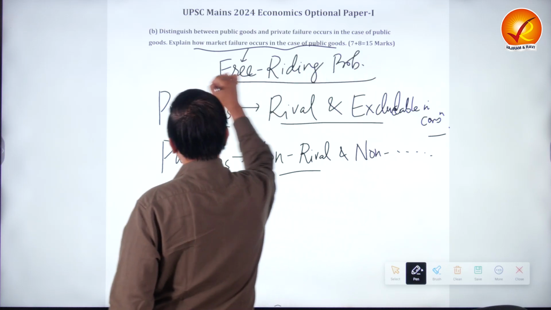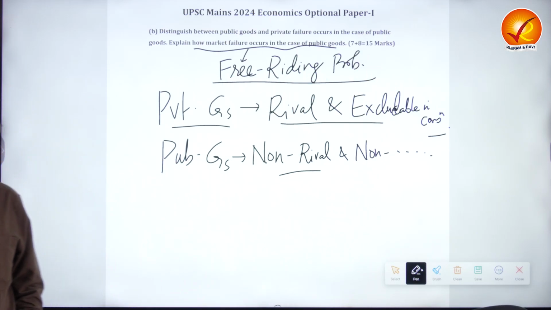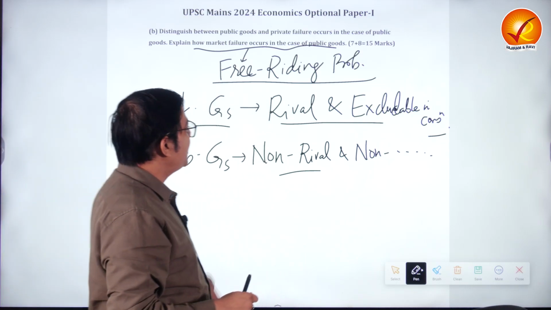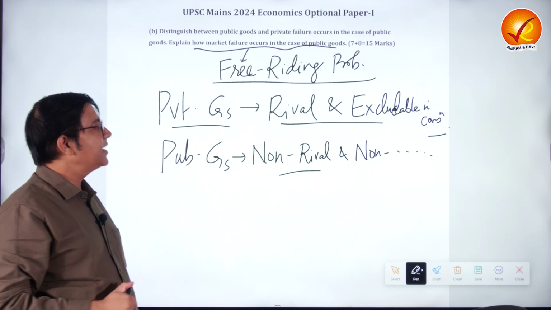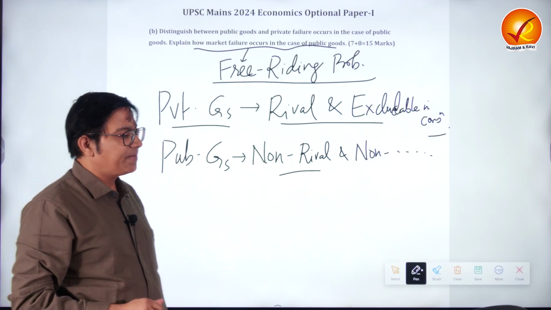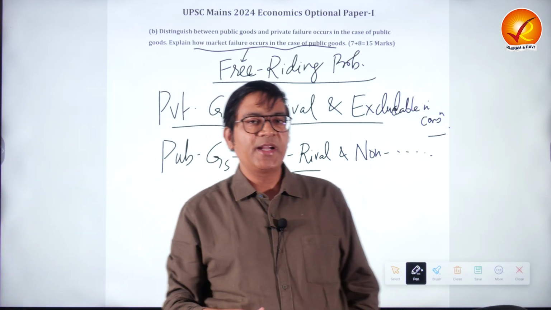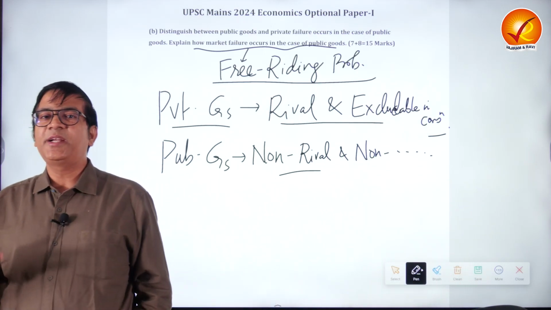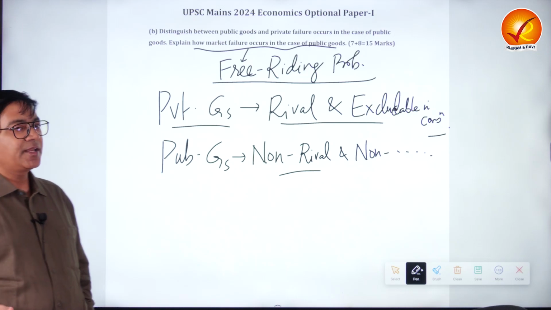Public goods often face a free riding problem. Free riding problem means, since public goods are non-rival and non-excludable, they are either provided for all or not provided at all. That is why in public goods we do not talk about quantity, we talk about quality.